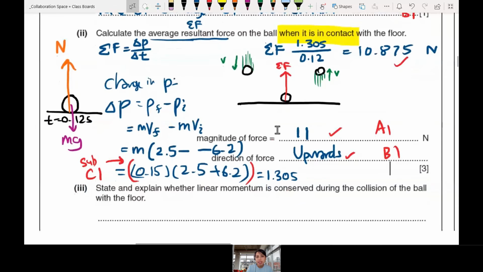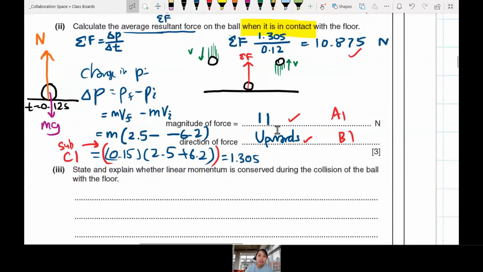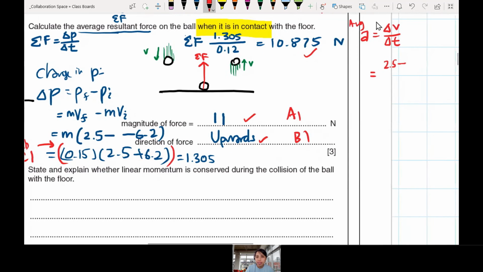There is another method which some of you may have used. You say, Miss, I can find the average acceleration. Acceleration is change in velocity over change in time. Change in velocity, one goes down, right? One goes up. That can be 2.5 minus 6.2 divided by 0.12, and you get your acceleration, which is about 72.5 meters per second squared.